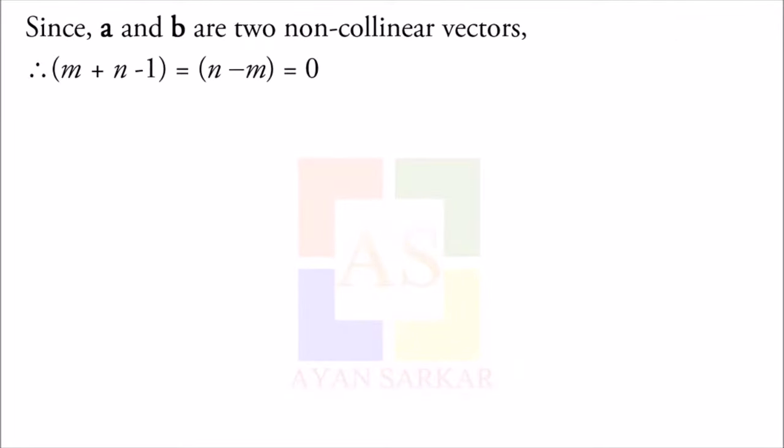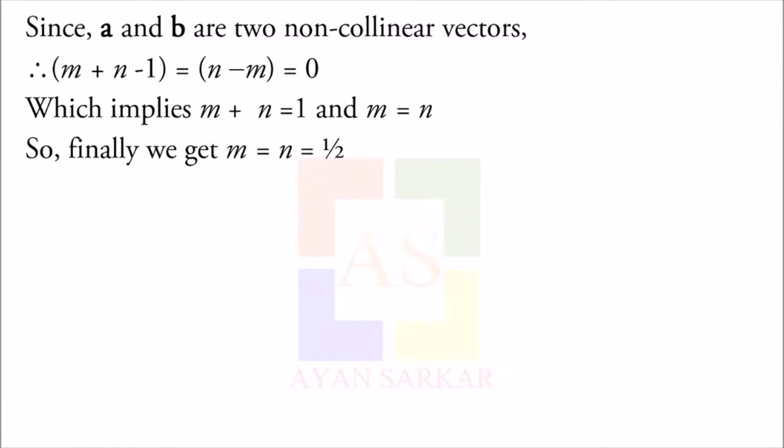So just see, since a and b are two non-collinear vectors, m plus n minus 1 is equal to n minus m equal to 0. Solving these equations, you can find m plus n is equal to 1 and m is equal to n.